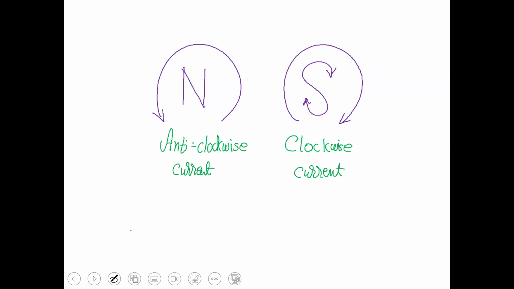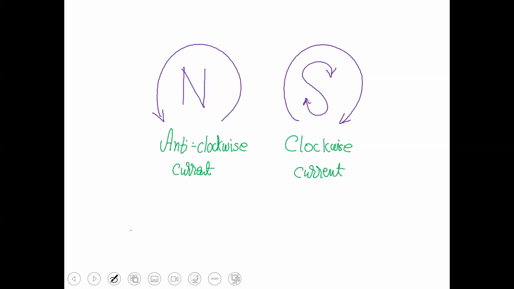Now, change the line, take a new line and write under it: polarity of an electromagnet can also be determined by looking at the direction of current at a corner.